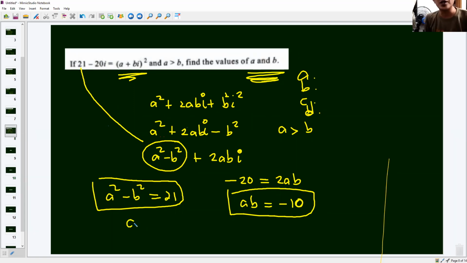So, una, a must be 5. 5 squared is 25, then b squared must be 4, so that must be 2. Right? But ab is negative 10, so dapat, this should be a negative.